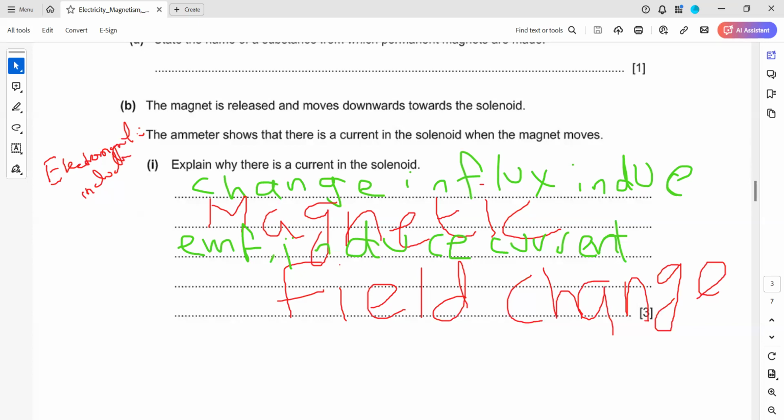The first thing you will mention is that there will be a change in the magnetic field, or the magnetic field lines cut by the solenoid will change, or the magnetic flux linkage will change. That will induce an EMF, and you will mention the current.